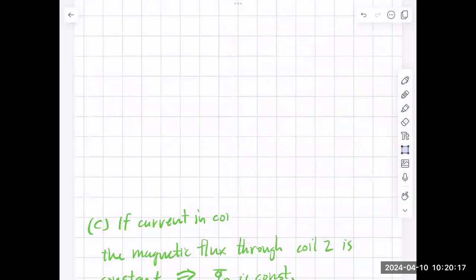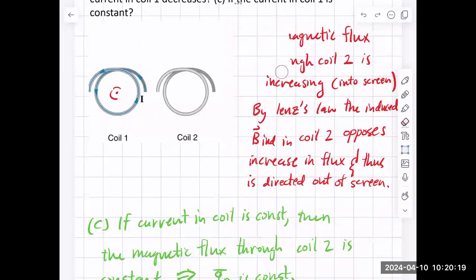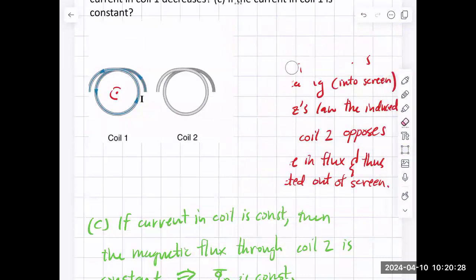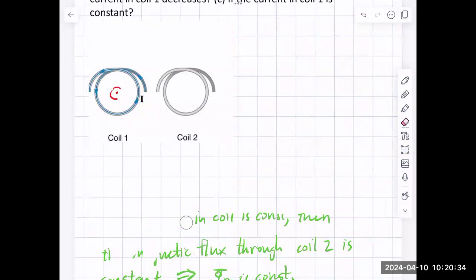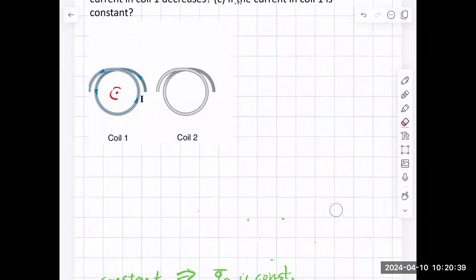Okay, so what we're going to do is we're going to work through some examples here. I thought I had populated this with blank pictures, but I obviously thought wrong.